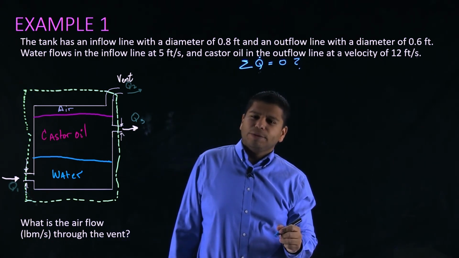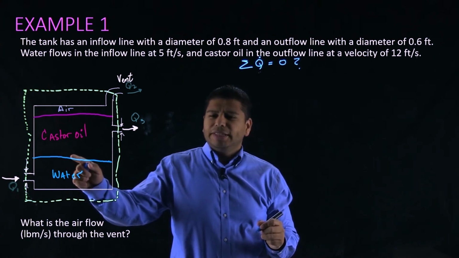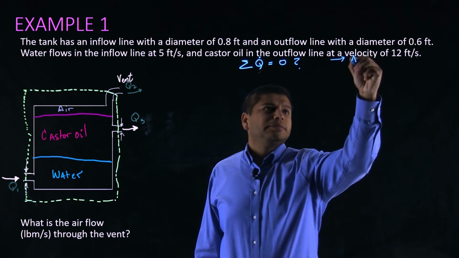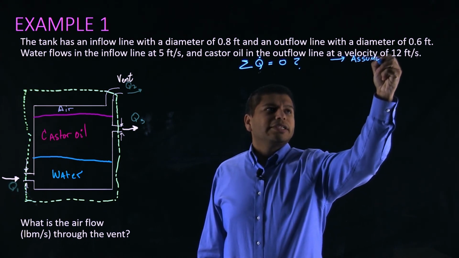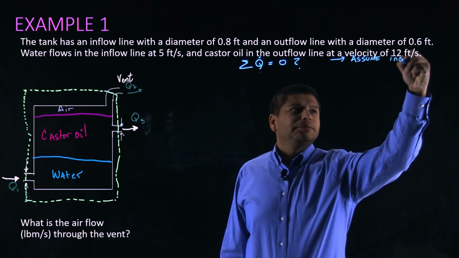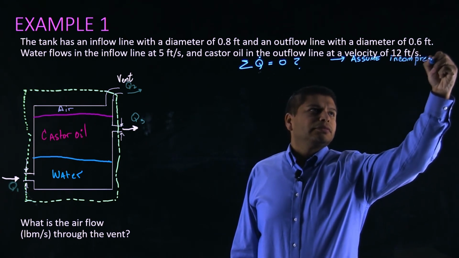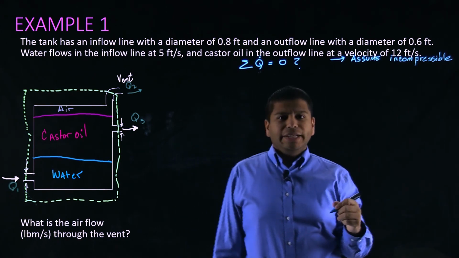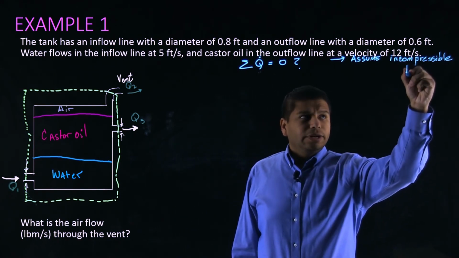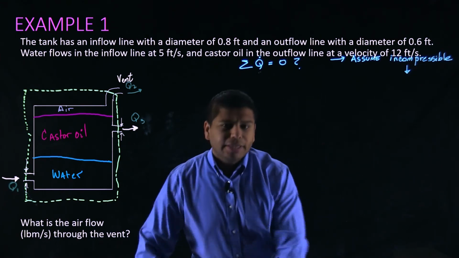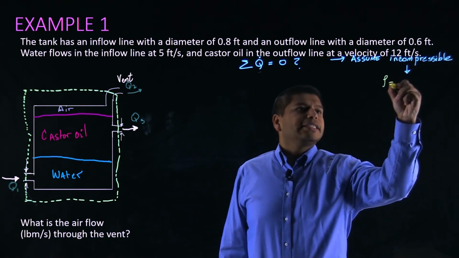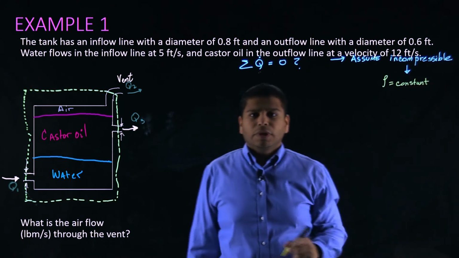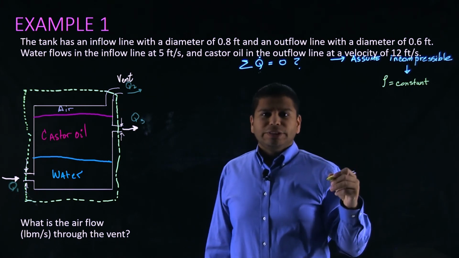Look at this. We have a system that actually has three types of fluids. So we can still assume incompressible flow, and when we assume that, we know that density is going to be constant, or is not going to change.